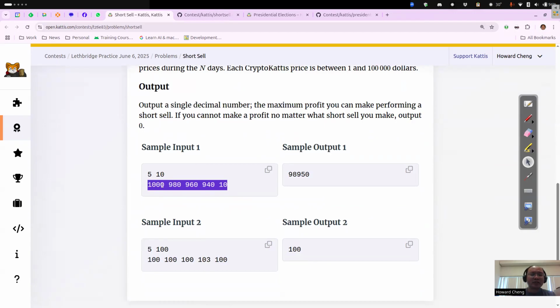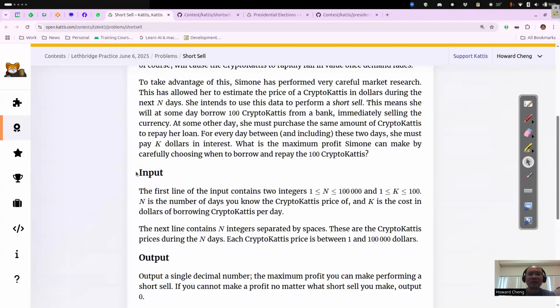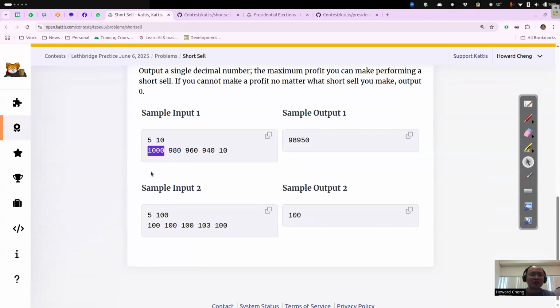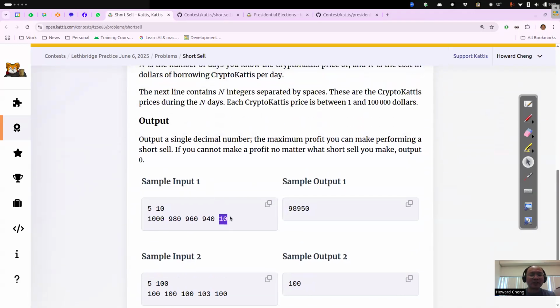So let's say you sell it on this day, so you get $1,000 per share. You sell 100 shares, so you actually end up making $100,000, and then later on when you buy it back, let's say you only pay $10,000 to buy it back, so you make the profit.